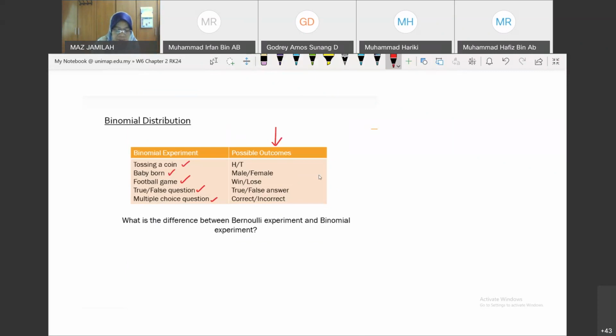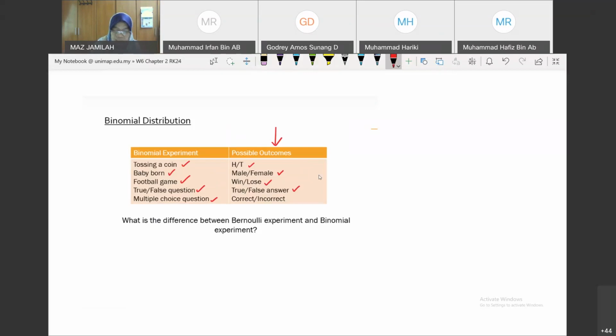What can you observe from the possible outcomes? For example, tossing a coin, you can have head or tail. Baby born, you can either have male or female. Football game, if we classify using win or lose, then we have two outcomes here, win or lose. Or true false, we have a true or false answer.